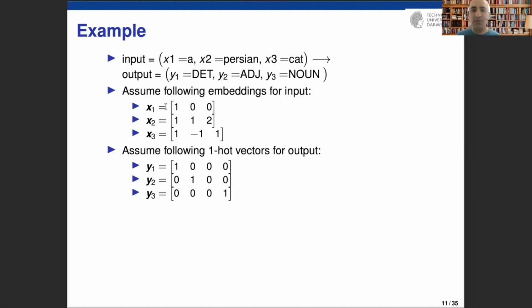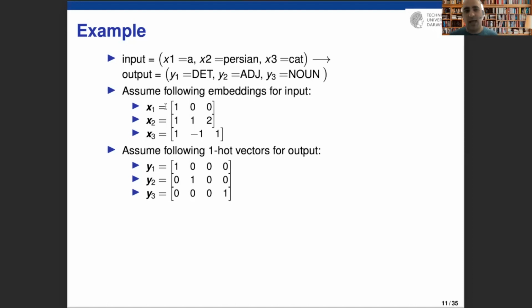And as the output, let's say we want to predict the part-of-speech tag of each token. So for the first token, A is the determiner, Persian is the adjective, and cat is the noun.